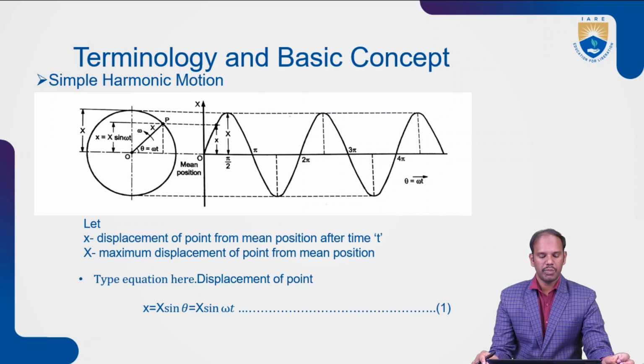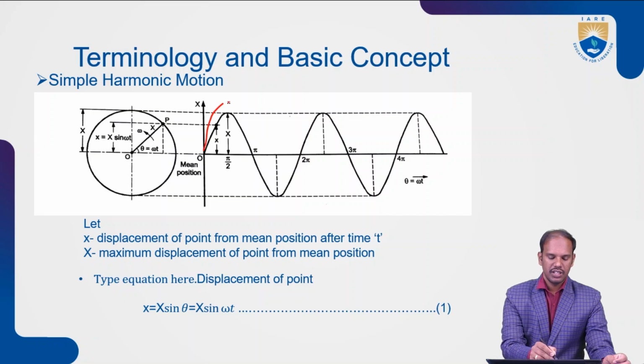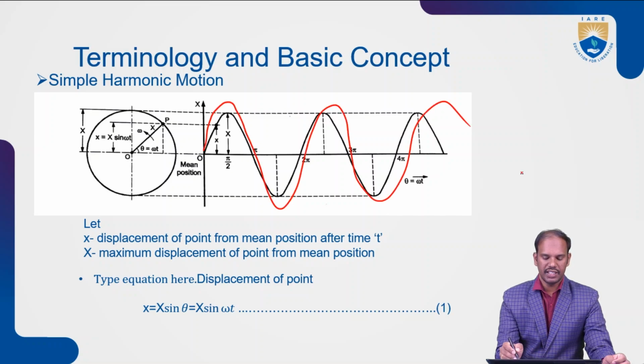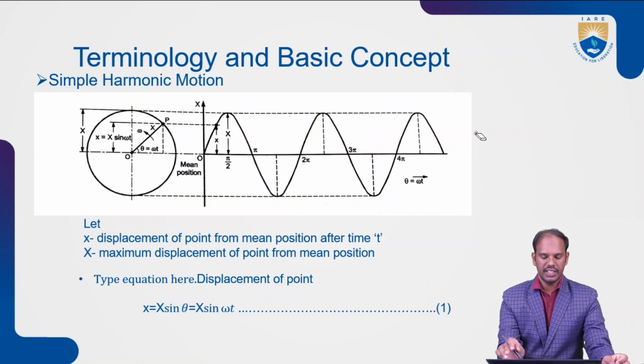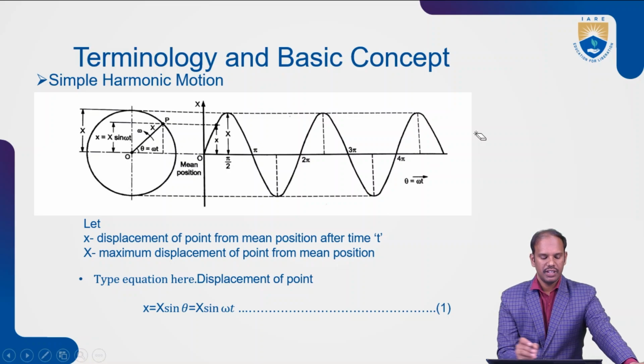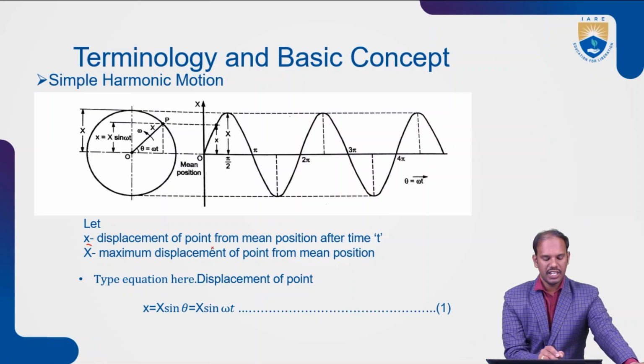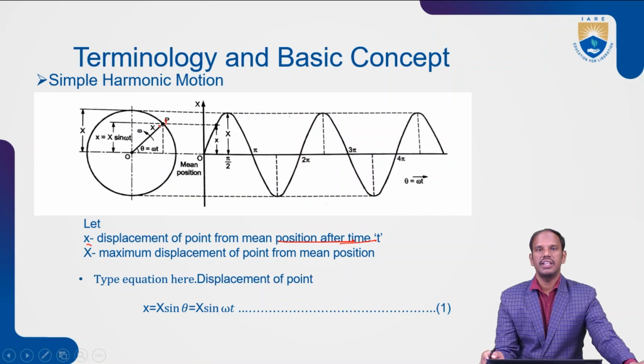So in simple harmonic motion, you can say a wave is passing like this. Once the wave is passing like this, let x be the displacement of the point from the mean position after t time. So there is a point moving on a rod, or else a small paper moving.